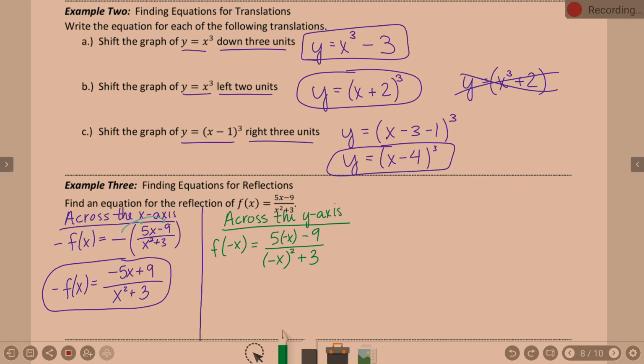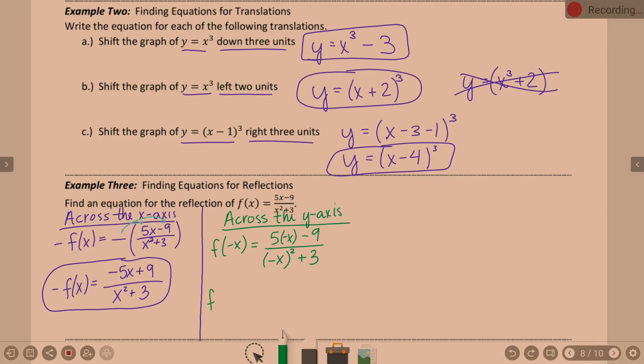In the denominator, what is negative x raised to the power of 2? Negative x times negative x is going to become positive x squared, isn't it? And then the plus 3 stays plus 3.